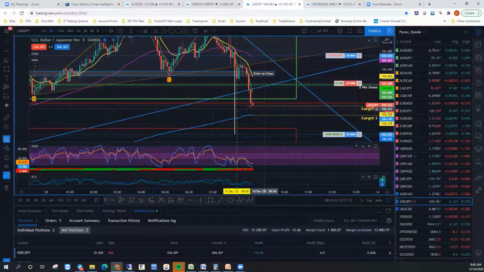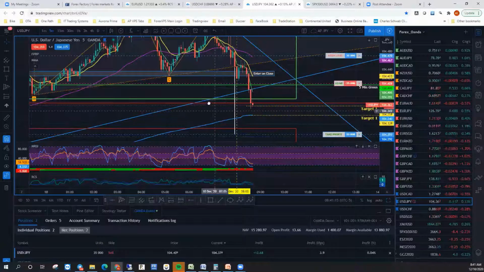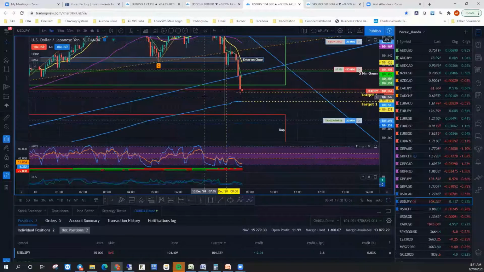So right now, it tagged your 5-pip profit, but it may not have filled because it has to go through 1.3 pips in order to get through to actually close that trade out. What gave me a little bit more confirmation is the separation between the 5 and the 13.